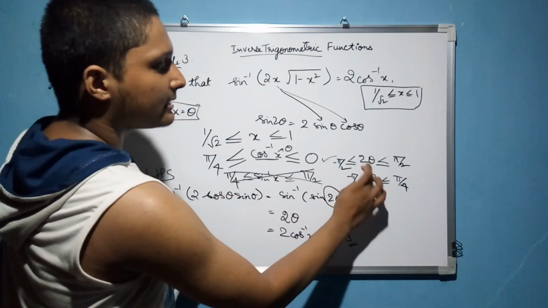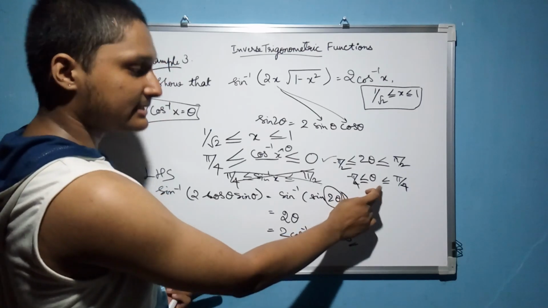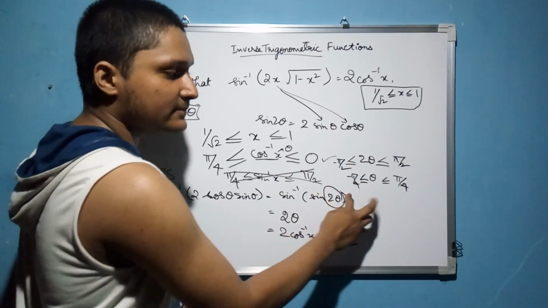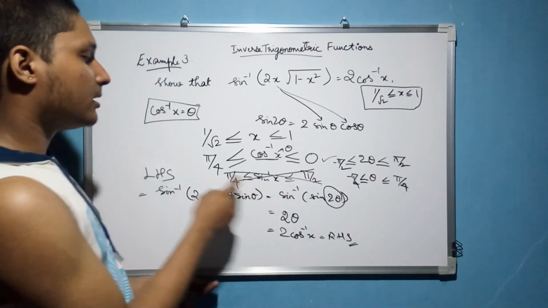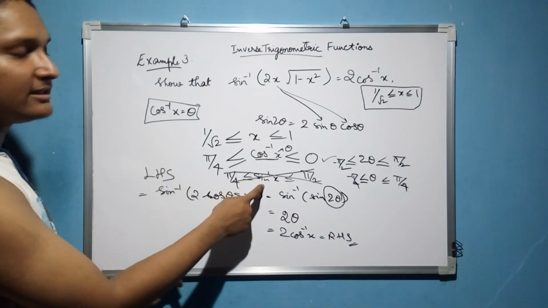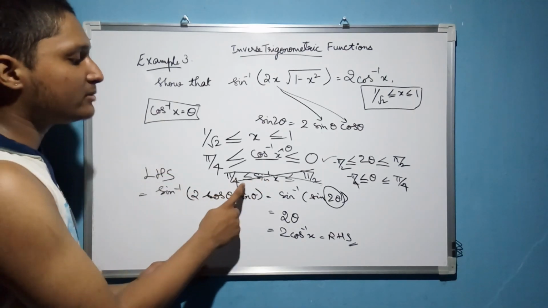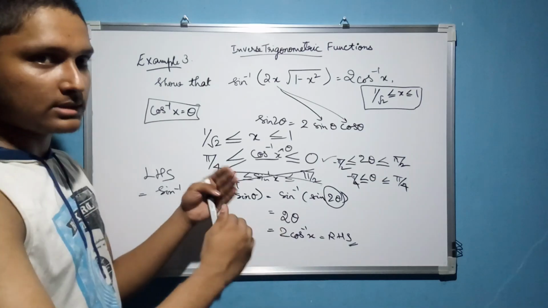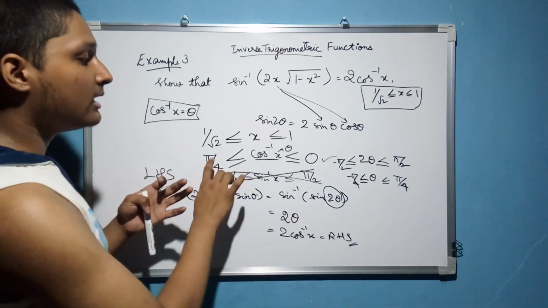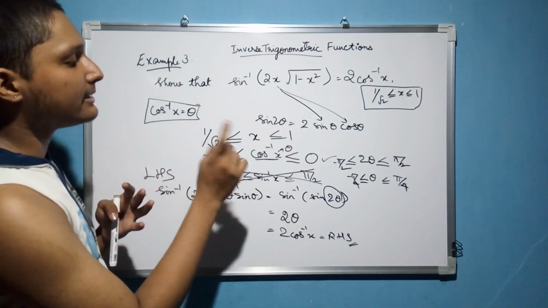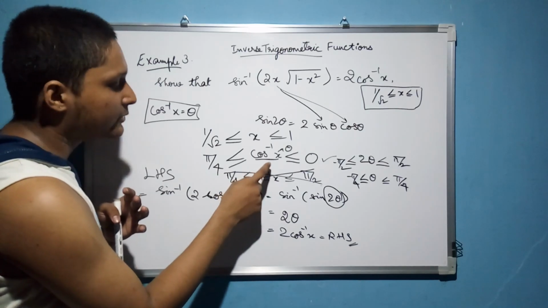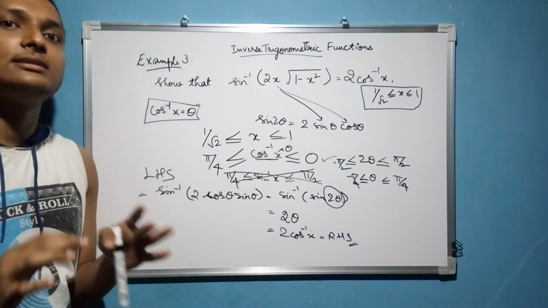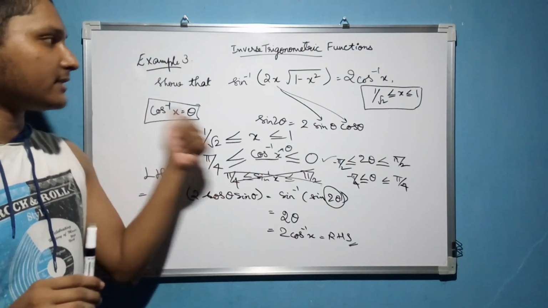So what you are going to get here is that substitution, that is theta, should be in between minus pi by 4 and pi by 4. But when we considered this sine inverse x case, it came to be pi by 4 to pi by 2. That was greater. Therefore that substitution will not work out, and this has to be used in that case. We cannot use sine inverse. That's what we understood from this case.